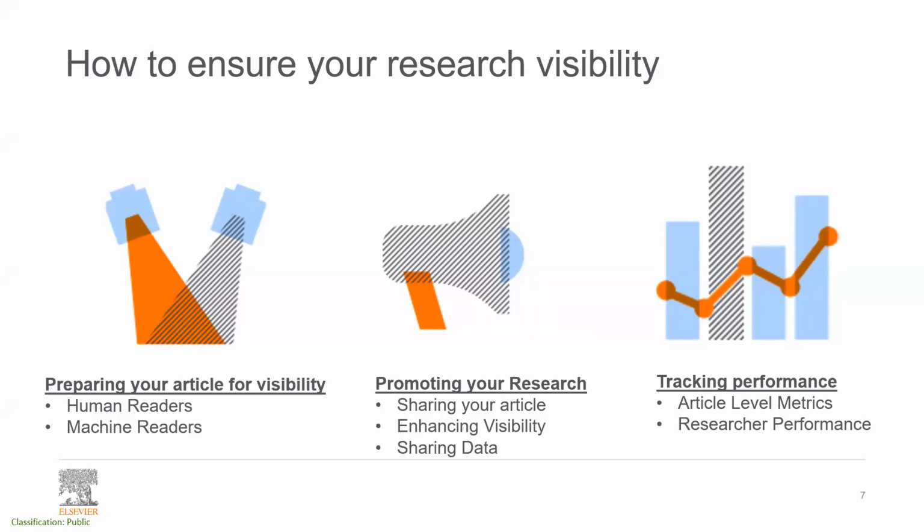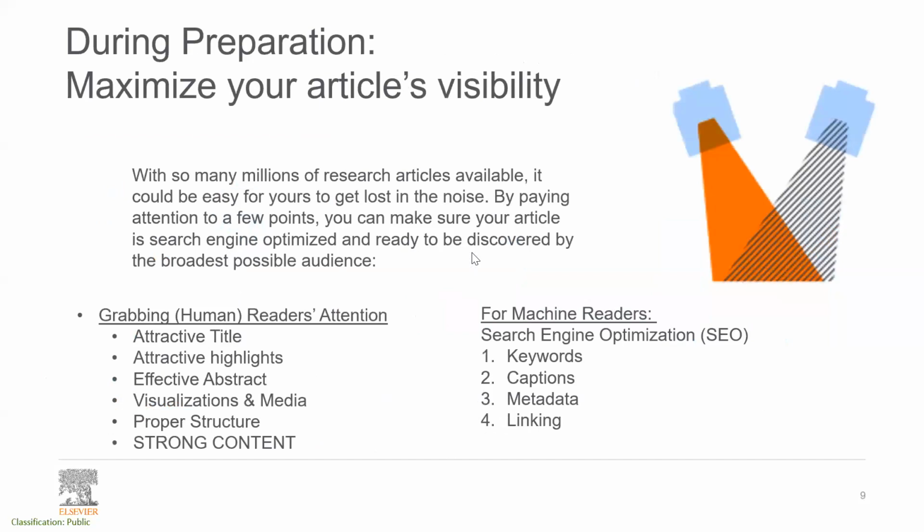We talked about visibility for both human readers and machine readers, which is a term just to say how my article is being handled by search engines and other computer algorithms. For human readers, we did discuss some tips to grab their attention with attractiveness of titles, highlights, effective abstracts, visualization and media, proper structure, strong content.